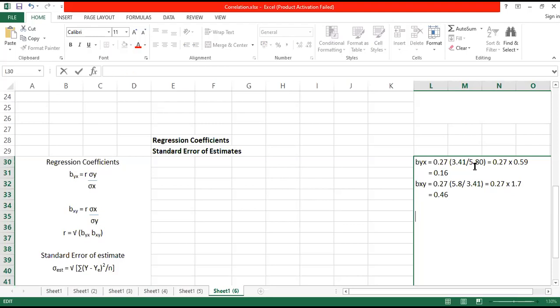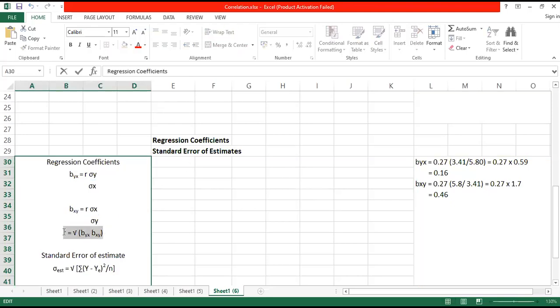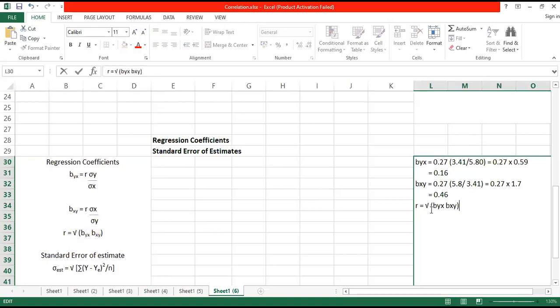Now, we'll see a few properties of these regression coefficients. One property is, if you want to get the correlation coefficient from regression coefficients, then the formula says r equals the square root of b of yx into b of xy. So b of yx for us is 0.16 into b of xy for us is 0.46, right?